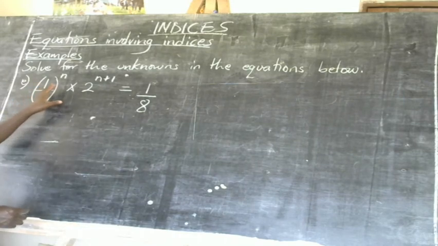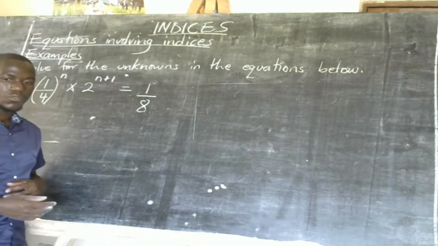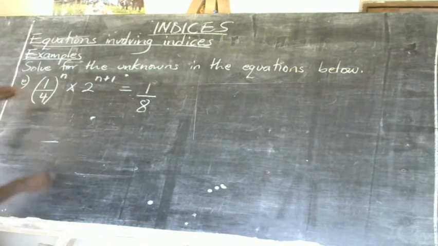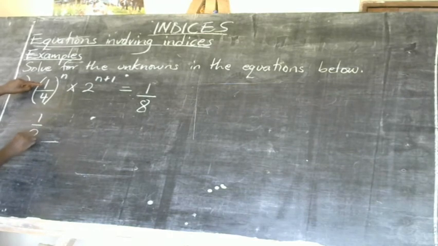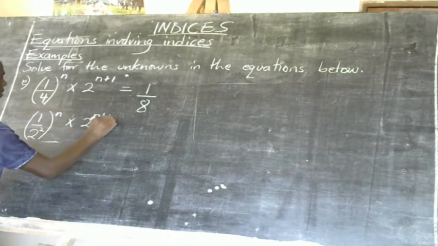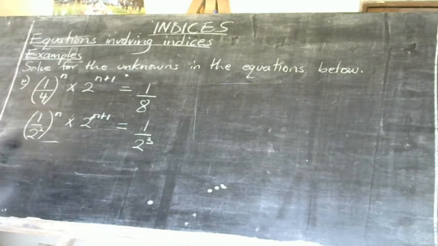When you look at this equation in part E, we need to first prime decompose 4 and 8 there. Then after prime decomposing them, we need to convert them back to the numerator. So this is 1 out of 2 squared, then power n, then times 2 power n plus 1 is equal to 1 all over 2 power 3. So everything has a base of 2.